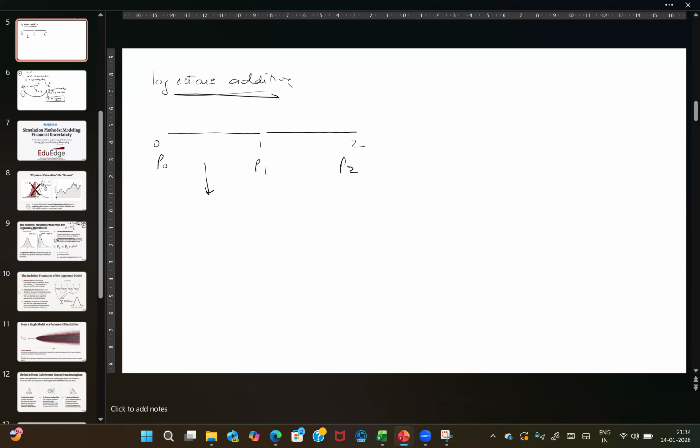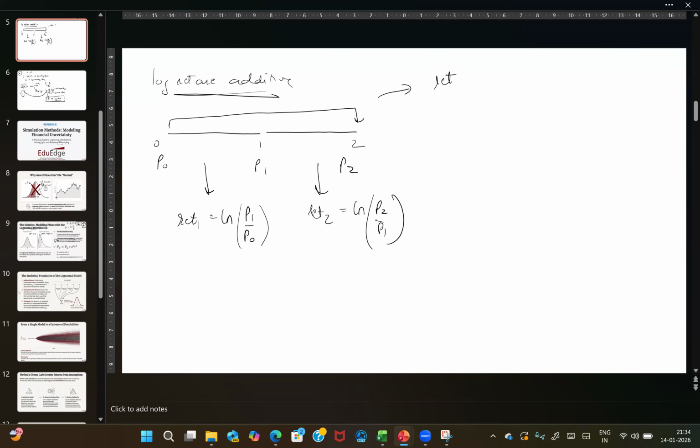The log normal return over the first period, 0 to 1, can be written as return 1 is equal to ln p1 by p0, and return 2 over 1 to 2 can be written as ln p2 by p1. Can I say if I were to consider returns between 0 to 2, I would have written return 0 to 2 as ln p2 by p0, right? So ending price divided by original price.